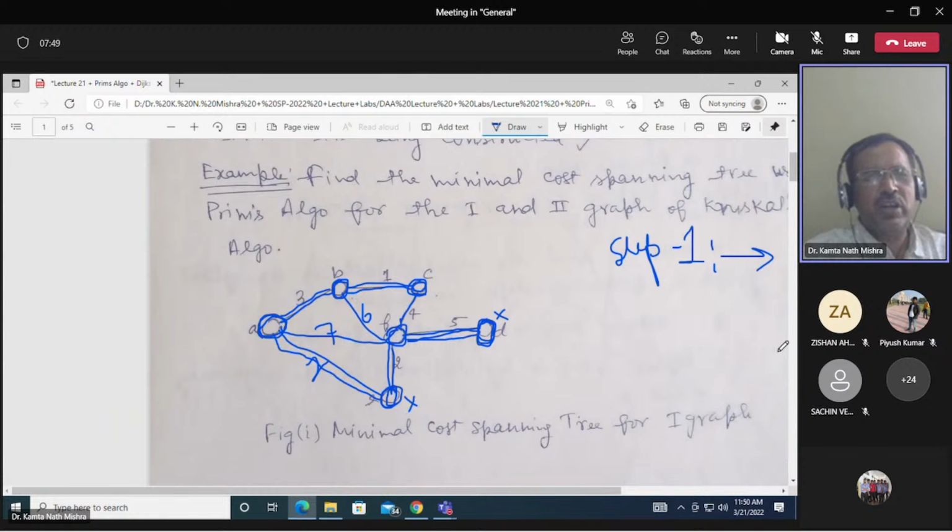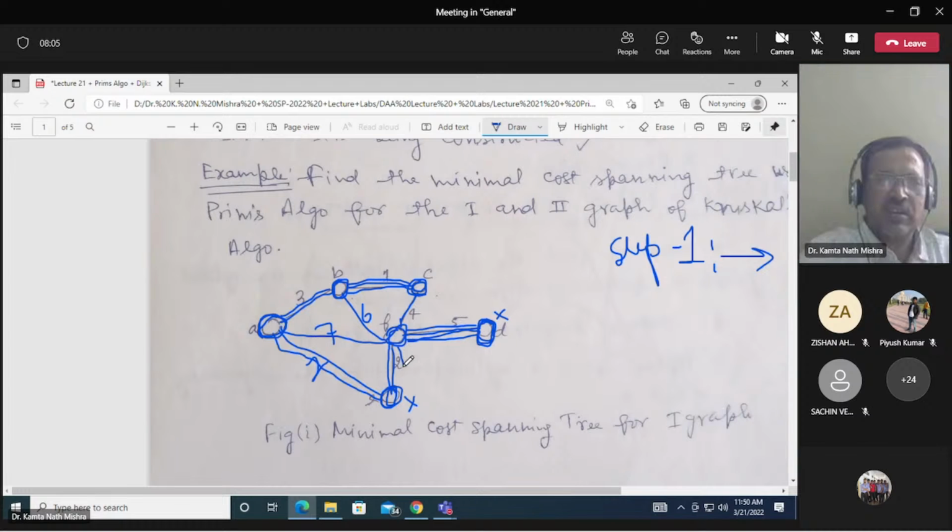Now let us see what your minimum cost spanning tree is. Your minimum cost spanning tree for this graph is obtained.